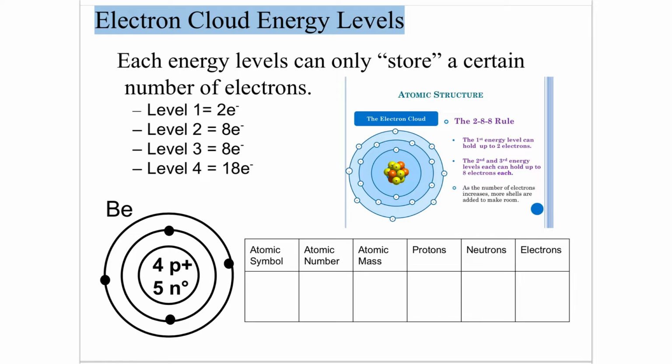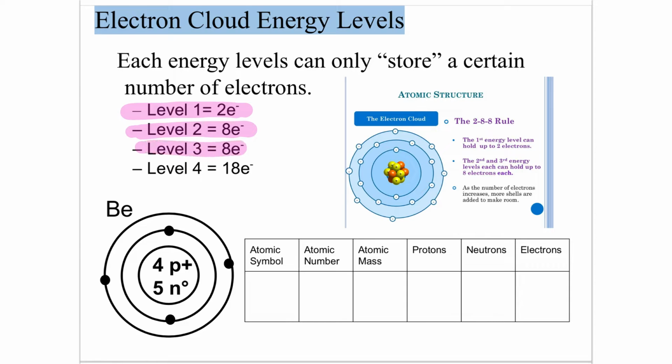In the Bohr model, each energy level or each ring can hold a certain number of electrons. The first level, level 1, can only hold 2 electrons. The second level can only hold 8 electrons.